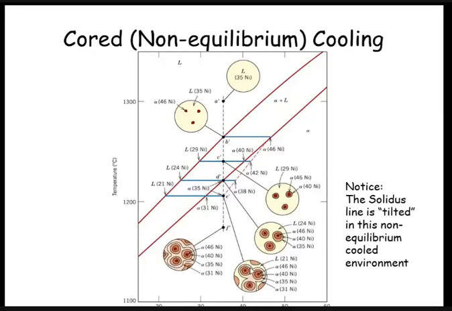So it is due to non-equilibrium cooling. You have deviated from the solidus line, a small tilt in the solidus line, and that's why you have obtained different chemical compositions of the solid. This chemical inhomogeneity that exists in the system is nothing but coring.